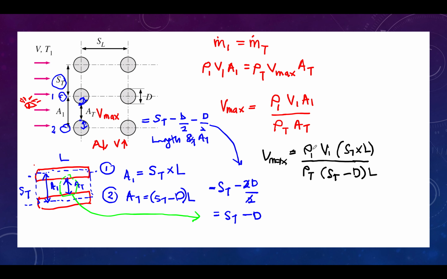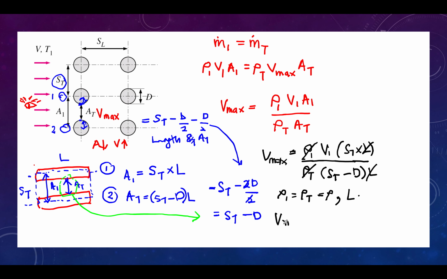Okay, let's take a look at the density term here. We know that the density is constant for incompressible flow. Therefore, rho 1 equals rho T equals rho, and we can cancel them out. Number 2, L for both of these areas is the same, so we can cancel out the length for both.